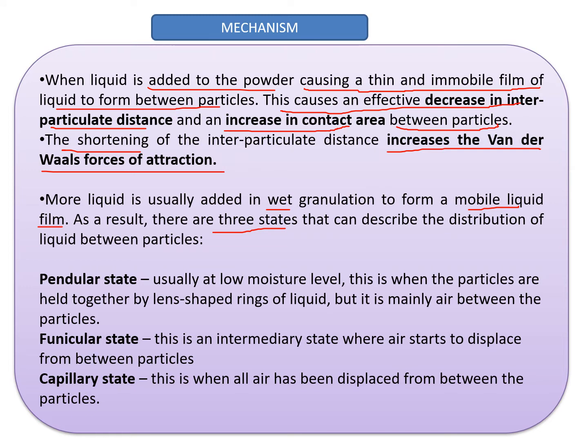First state is the pendular state. It is usually at a low moisture level. This is when the particles are held together by lens-shaped rings of liquid, but it is mainly air between the particles.